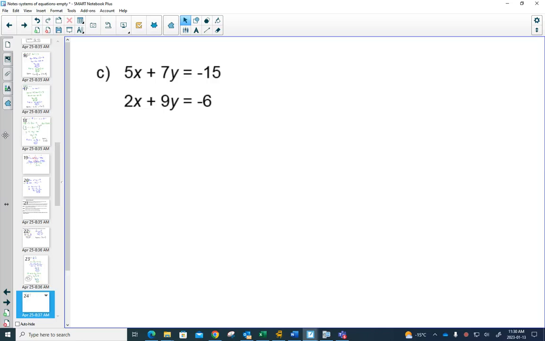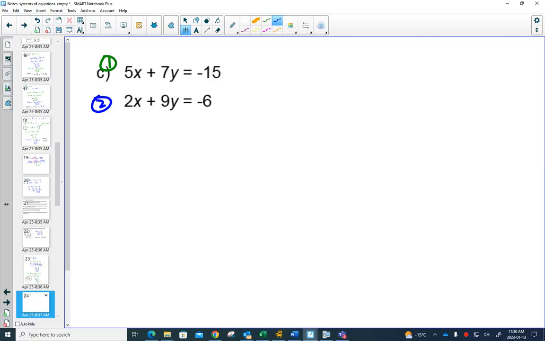Okay? We have to use a negative in this one. Should we eliminate x's or eliminate y's? Because they're easier numbers. I'm going to make this equation 1 in green, this equation 2 in blue.